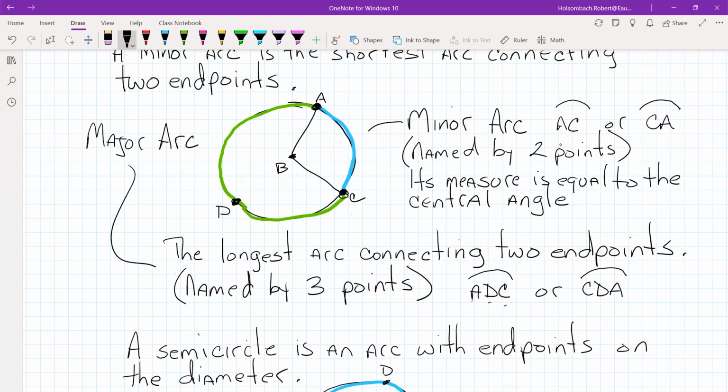So this blue angle right here, if this central angle measures 95 degrees, then the measure of arc AC is equal to 95 degrees. All right, that's this blue portion. That's 95 degrees.